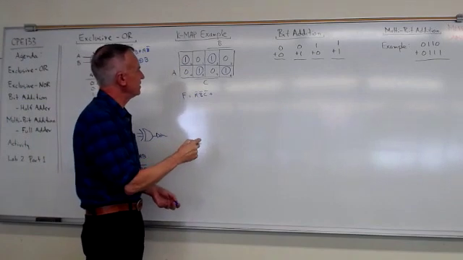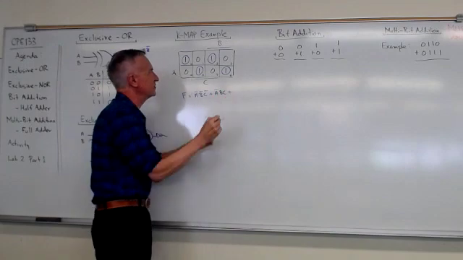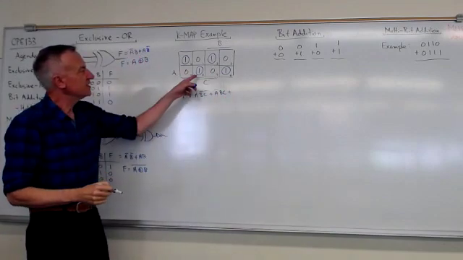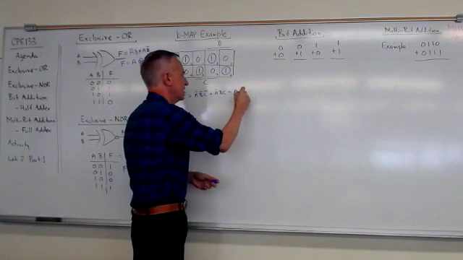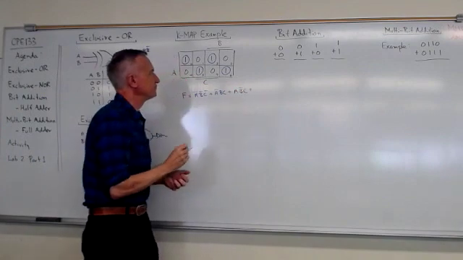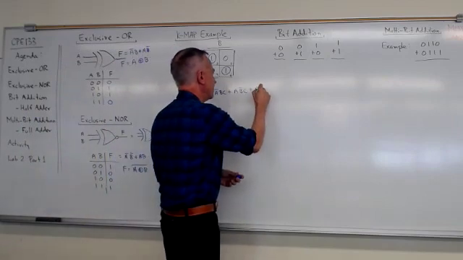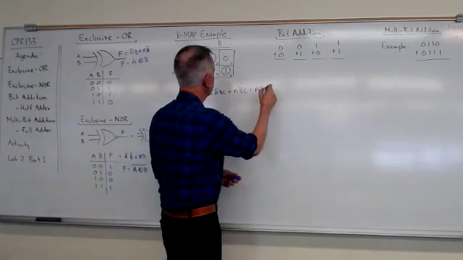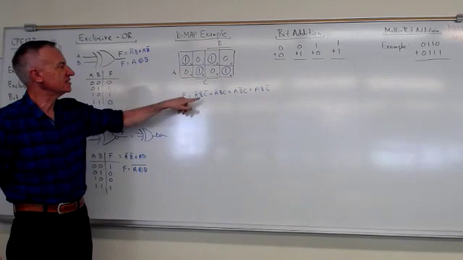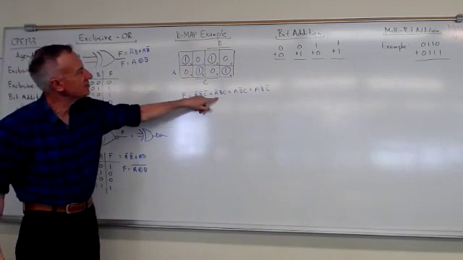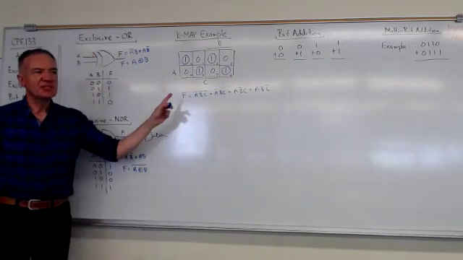And then I would have not A, B, C. And then for the number 5 cell, I have A, not B, C. And then for 6, I would have A, B, not C. So I'm just writing basically the index in. Just double check, make sure I didn't make a mistake. Again, if you see I make a mistake, let me know.